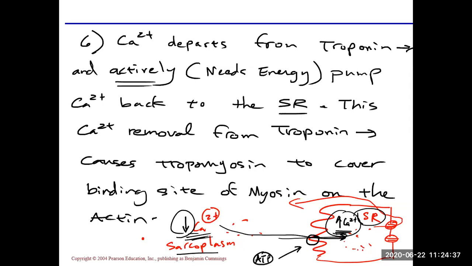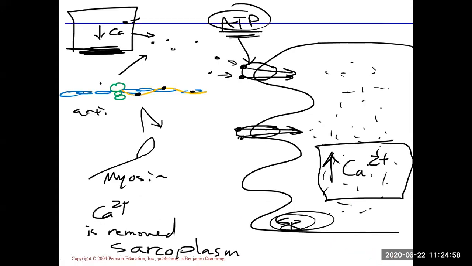Right away, when the calcium is departing and being removed, tropomyosin is going to cover the binding site again, and myosin no longer can bind to it. Here you can see the calcium is being pumped into the SR.